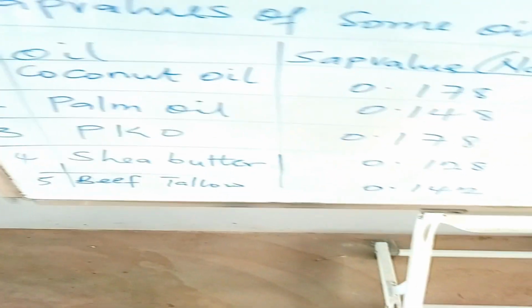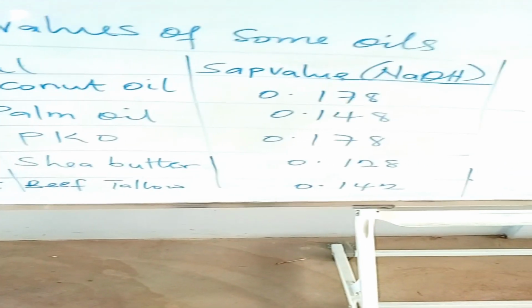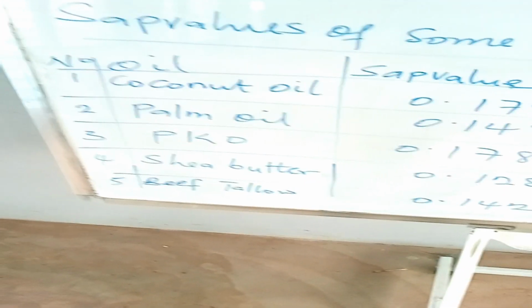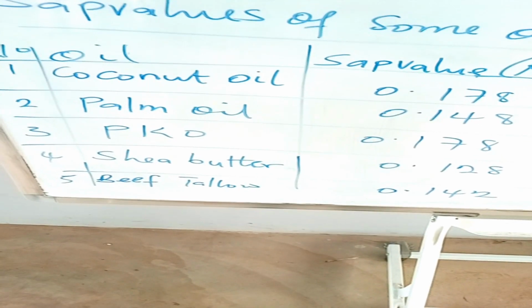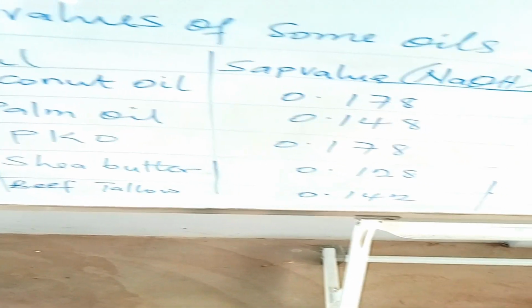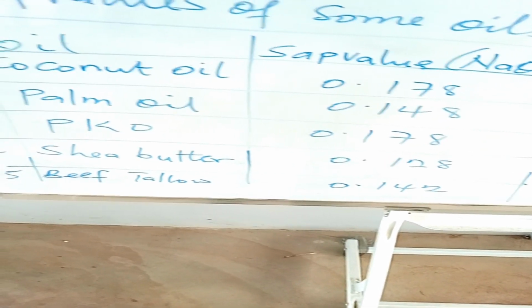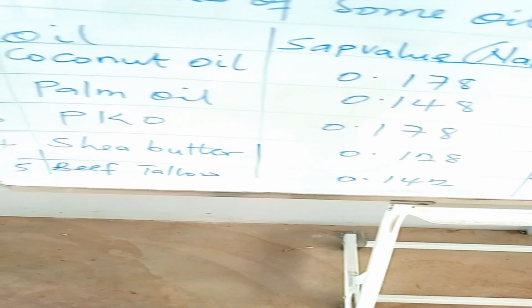When we take coconut oil, its saponification value here is 0.178. As I said, you may get different values when you search online, but the difference is not much. Palm oil, the sap value is 0.148.